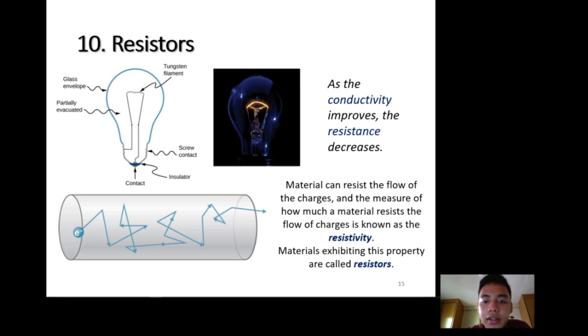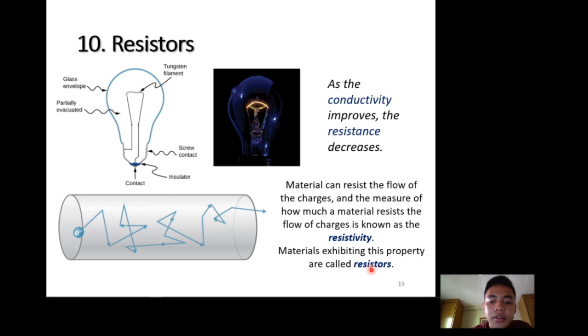Resistors are materials that can resist the flow of charges, and the measure of how much a material resists the flow of charge is what we know as resistivity. So the materials that exhibit resistivity, we call resistors.